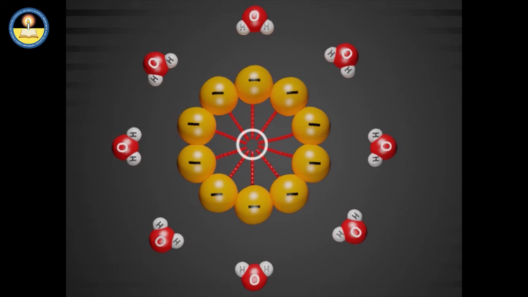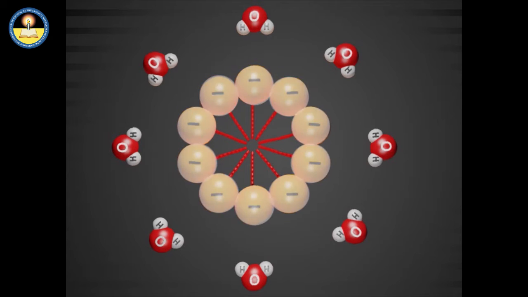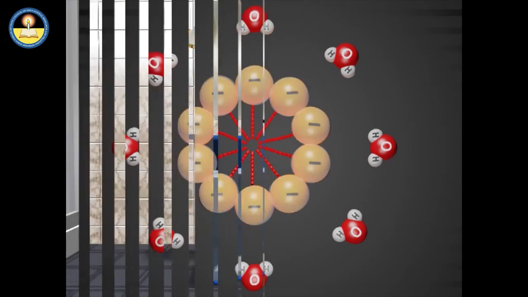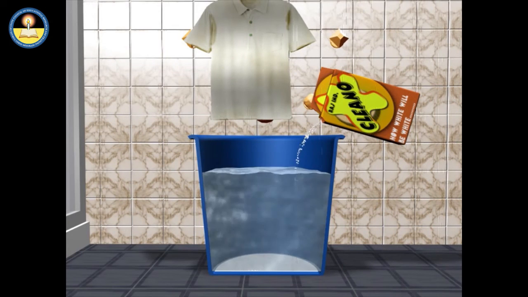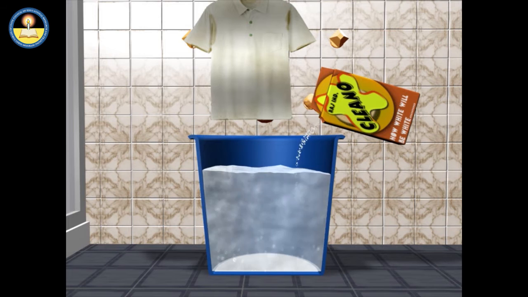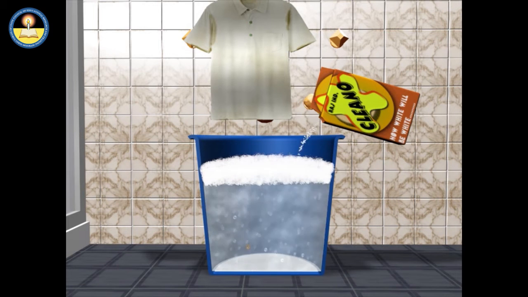This peculiarly arranged cluster is known as a micelle. A micelle is a large number of soap molecules with their tails sticking inward and heads outward. The soap in detergent solution is only a colloidal solution containing several such micelles. The micelles remain suspended in water.